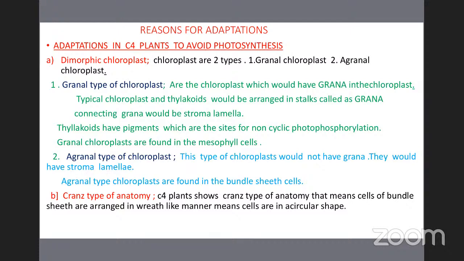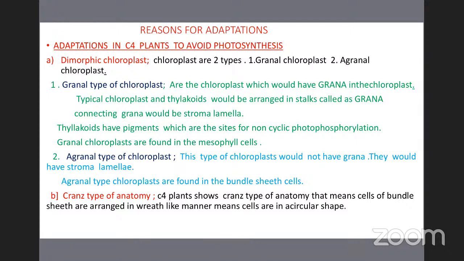C4 plants exhibit some slightly different characters, and based on that, they develop two types of chloroplasts. Number one is the granal type of chloroplast, and the second is the agranal type of chloroplast.